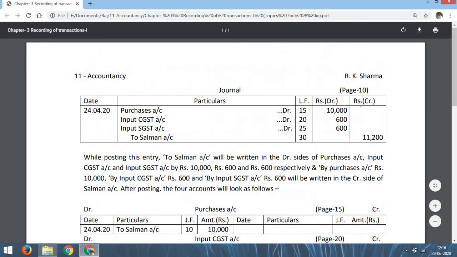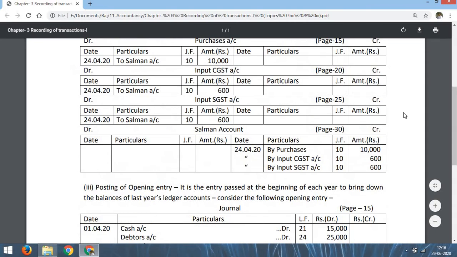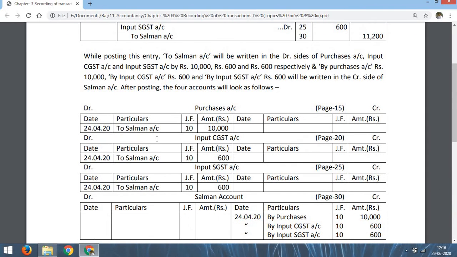Page number of journal is what? Page number 10. So from page number 10 of journal we have posted these entries to these four accounts. So we shall write here page number 10 in each of the four accounts.